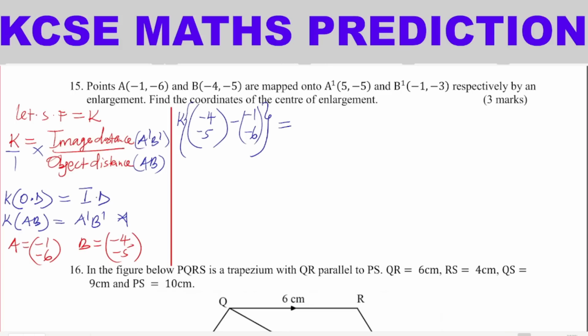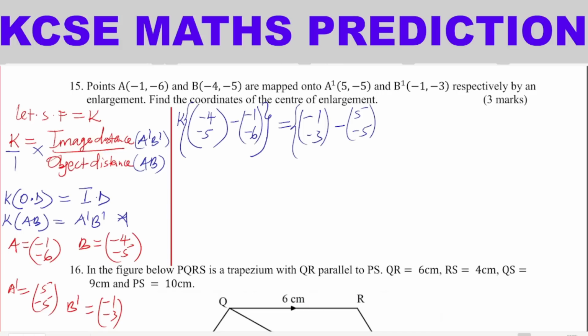Again, for that one, I need to get the column vector. A prime is (5, -5), B prime is (-1, -3). So for A prime B prime, I take B prime, that is (-1, -3), then subtract A prime, (5, -5).